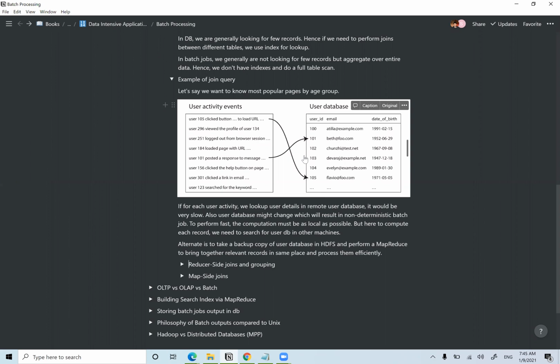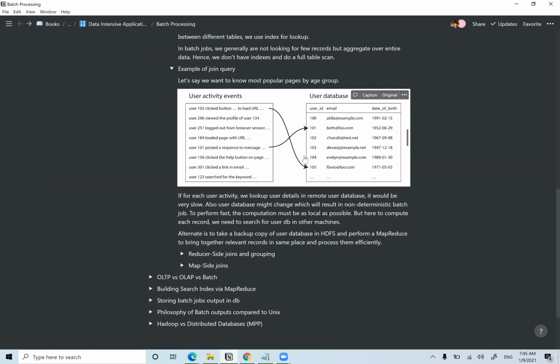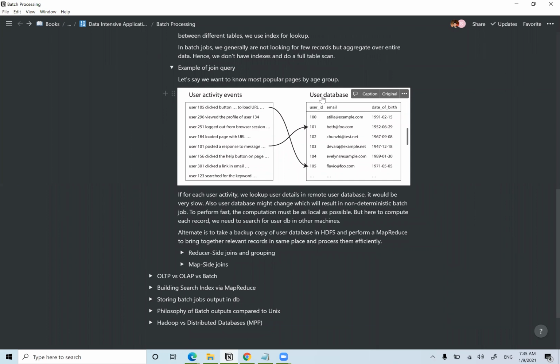That's why a fundamental thing of running any batch processing job is that you have to treat your input as immutable. Probably the MapReduce system, or the responsibility of the application, is to take a snapshot of your database and run your batch jobs on that snapshot.